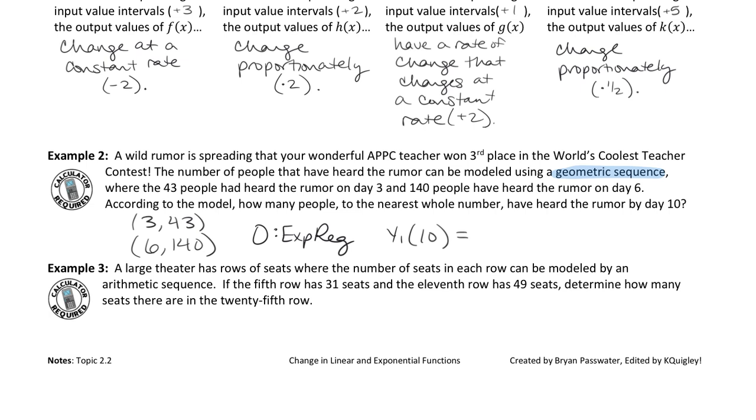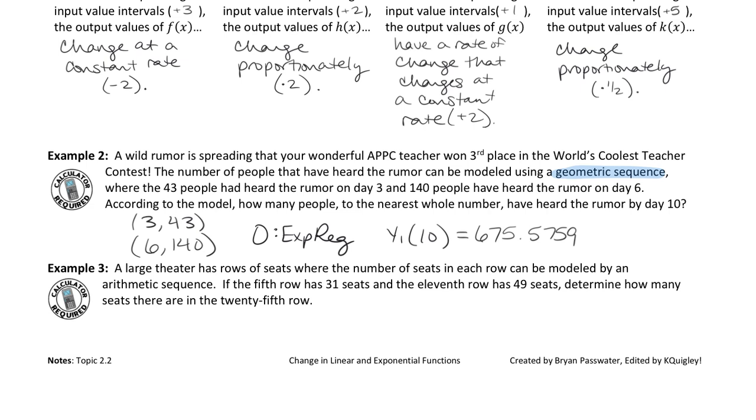So, of course, we get our number out of our calculator here after running the regression. And our prediction for the number of people who have heard the rumor by day 10, our calculator is telling me 675.5759. But of course, remember, we are looking at a sequence of numbers.